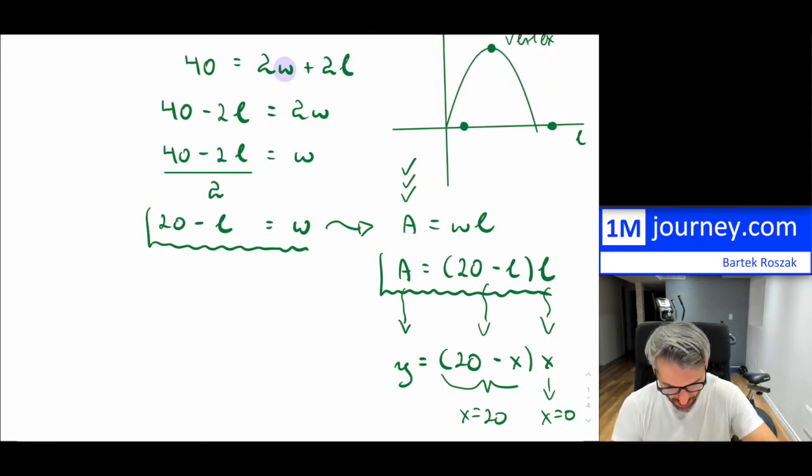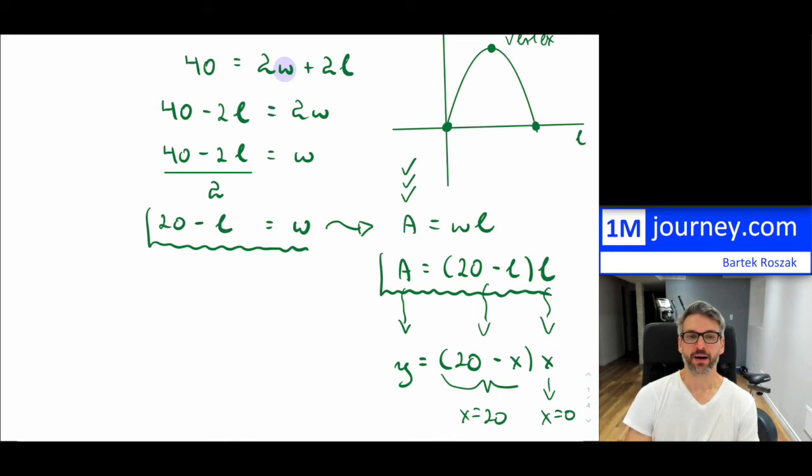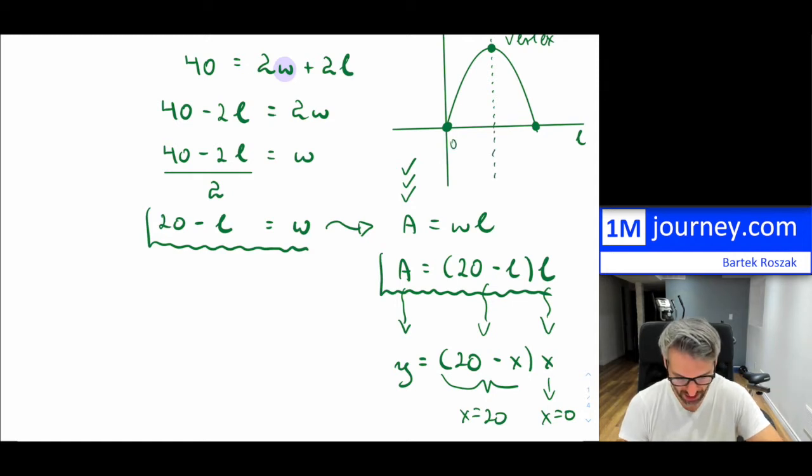And those zeros, those points, are happening at x is equal to 0 and at x is equal to 20, right? Now, to find the vertex, finding the line of symmetry is very easy in this case, because the line of symmetry would go across right there, between 0 and 20.